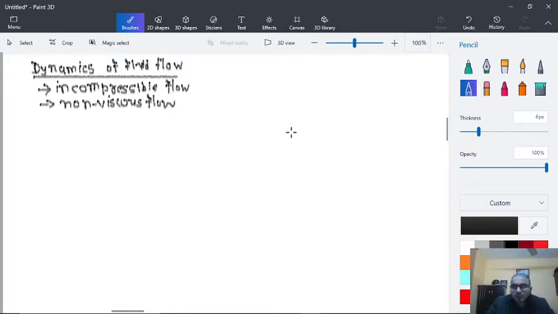So these will be our fundamental assumptions for this chapter. And now let's begin our first topic, that is equation of motion.